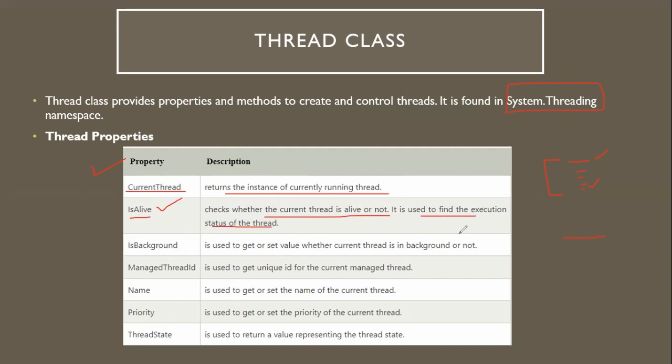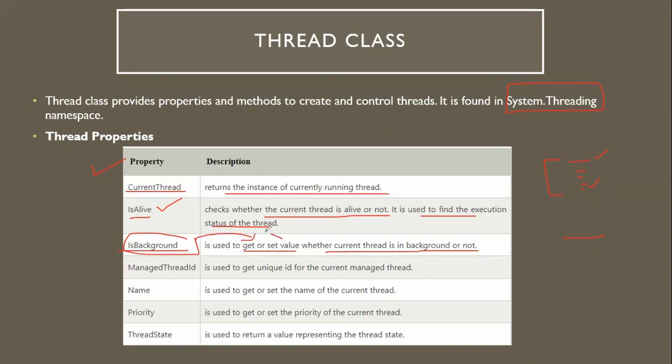Now the IsBackground property. What does this particular property of the thread class do? It is used to get or set whether the current thread is in the background or not. That means certain threads run in the background. If I want to find out if a thread is running in the background or not, I can use this property.